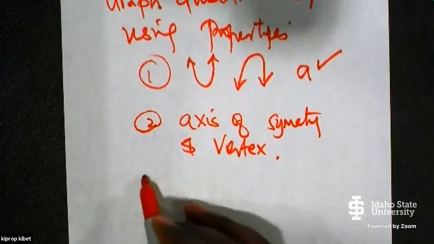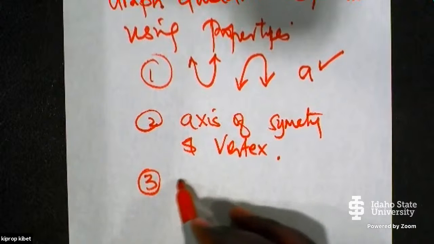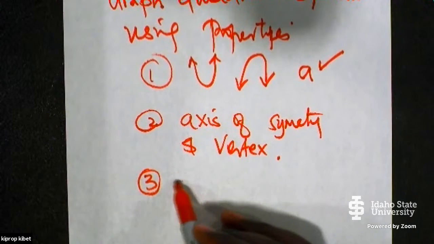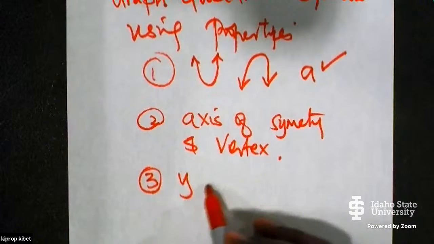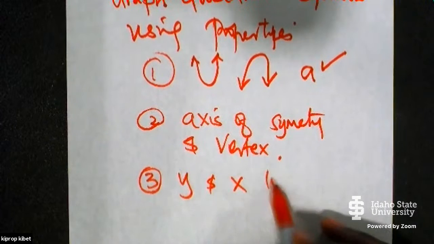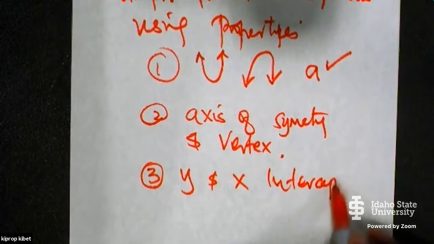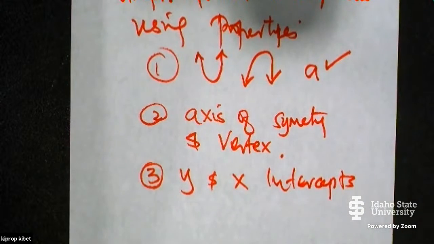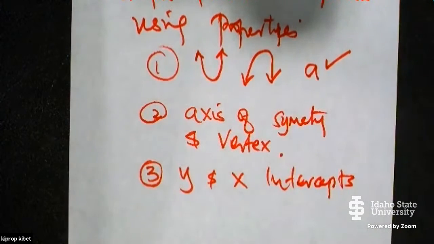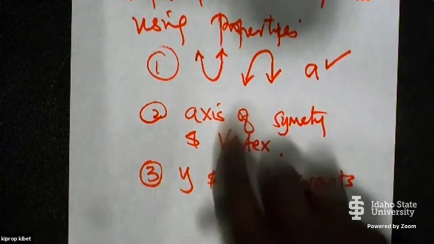Then the third one, you now get the y and the x-intercept. So the moment you get all these, then you are now able to draw the graph.